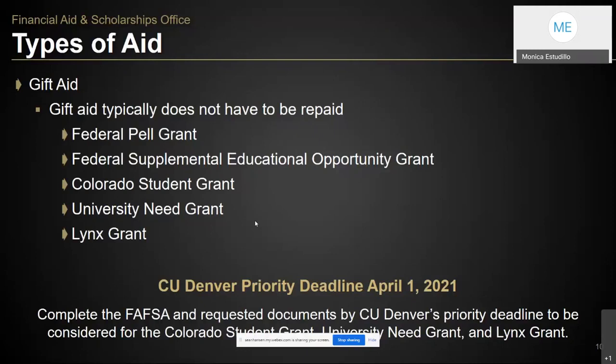It's just a number that we use in financial aid to determine what you're eligible for. So that's another thing to keep in mind when you're completing your application. And then I want to reiterate the priority deadline of April 1st, 2021 for the fall financial aid. Again, make sure you're reaching out to the schools that you want to go to, check on their priority deadline, and see when theirs are, so you know when to submit your documents.